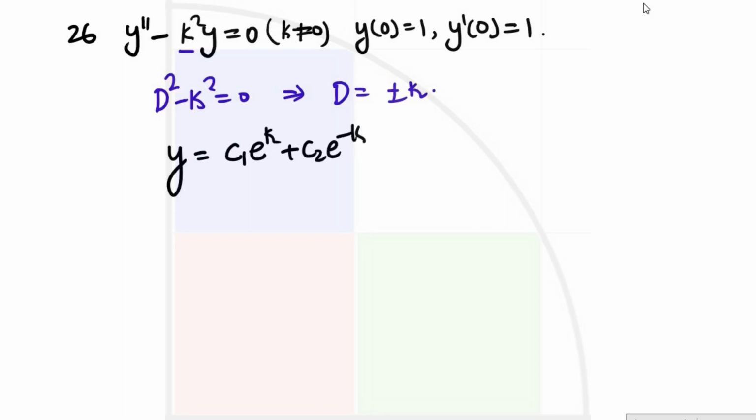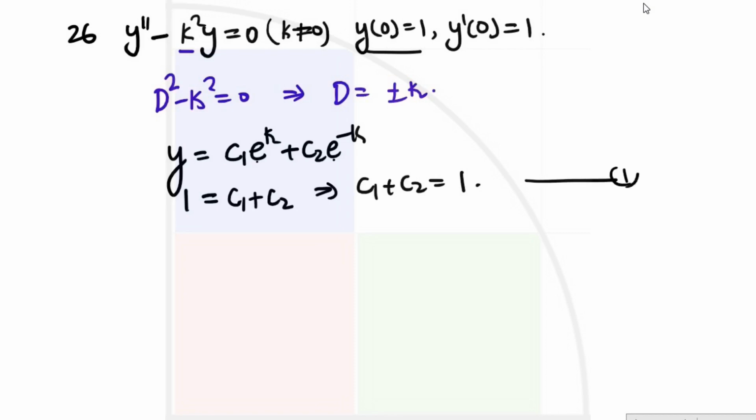Okay, and apply the initial condition at x is equal to 0, y is 1, so we can keep it 1 here, and e to the power 0 will be 1, and here also it will become 1. So c1 plus c2 will be 1. Now we have to take the first derivative of this equation.